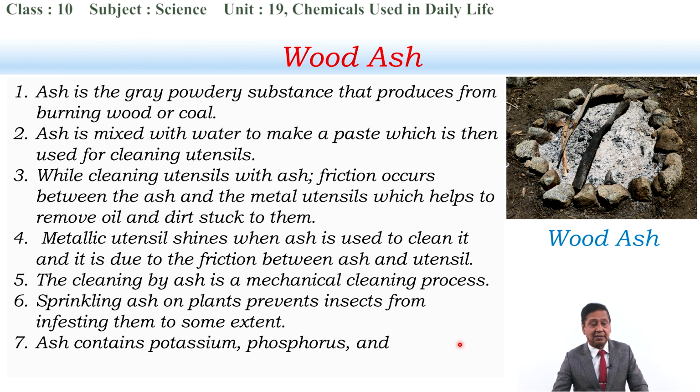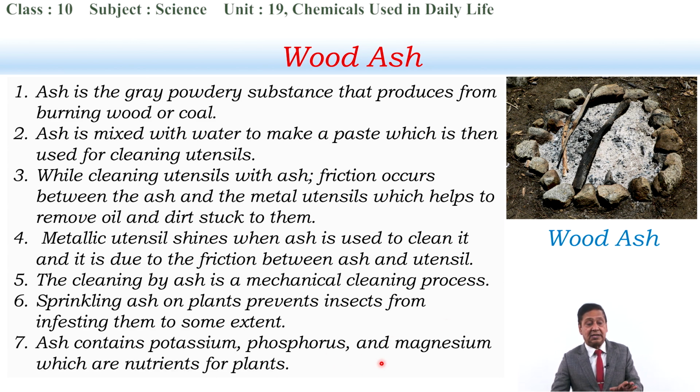Next, ash contains potassium, phosphorus and magnesium, which are nutrients for plants. This is also extra information. Besides this cleaning action, it provides potassium. It contains potassium, phosphorus and magnesium, which are very helpful for the good growth of plants.